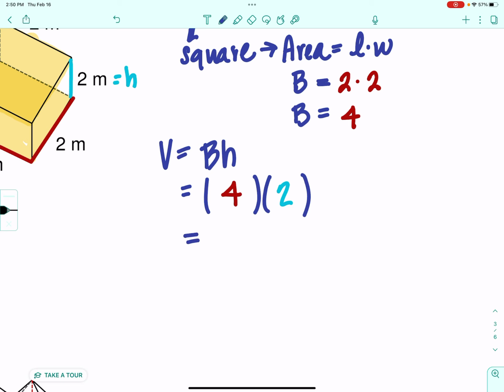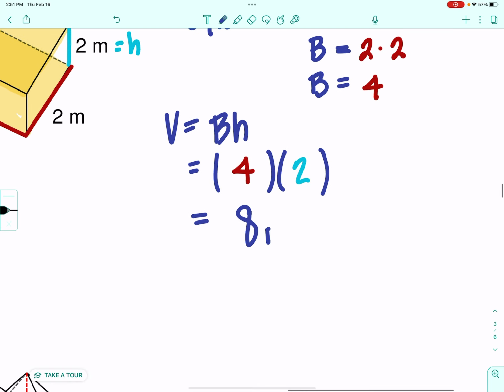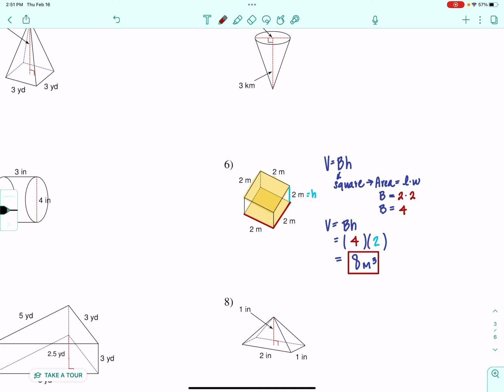If you do, please go plug it in. Don't guess and get it wrong because you're embarrassed to go put it in the calculator. If you need the calculator, use it. I need some units on my answer. We're measuring in meters, so this is going to be cubic meters, or meters cubed. So the volume for our square prism is 8 cubic meters.